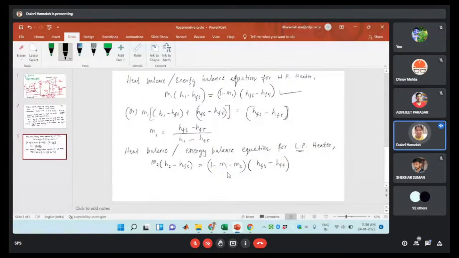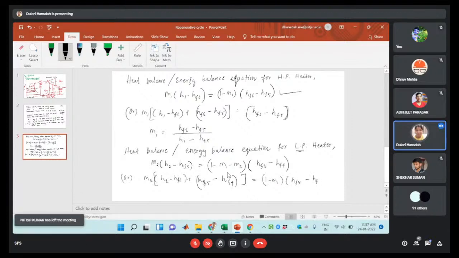So again, I can write this equation as M2 into H2 minus HF4, which is equal to 1 minus M1 into HF5 minus HF4.